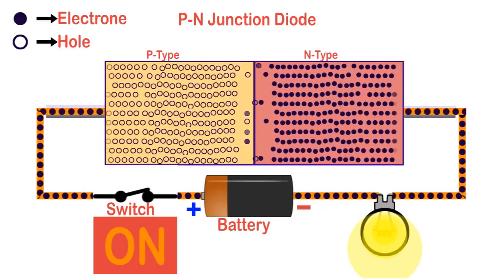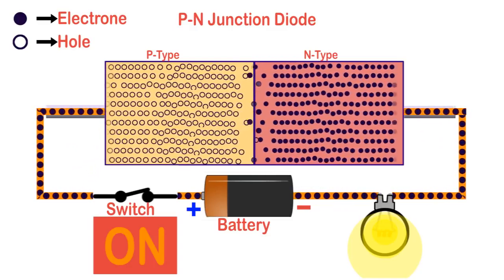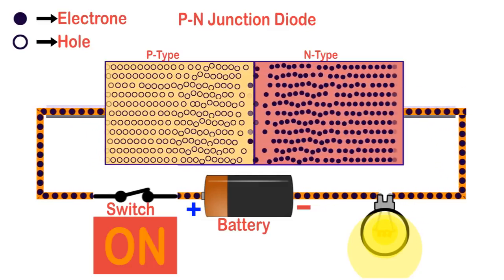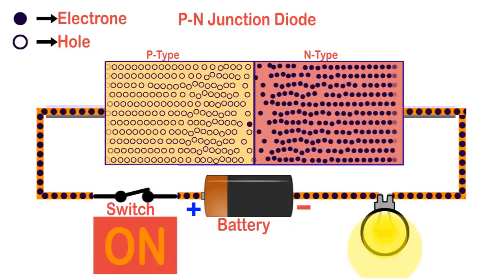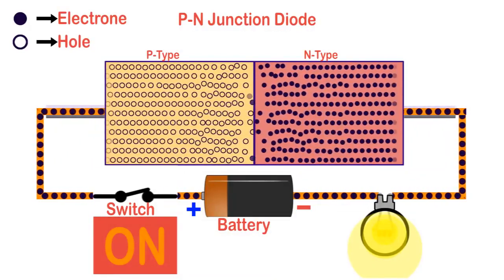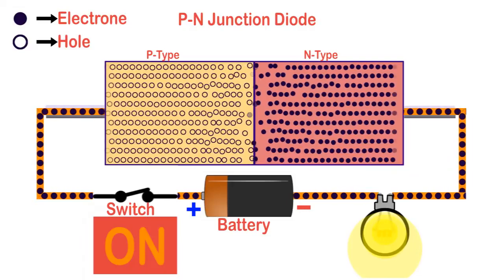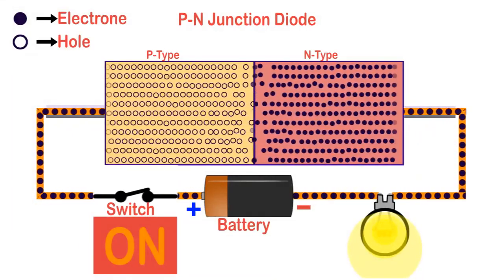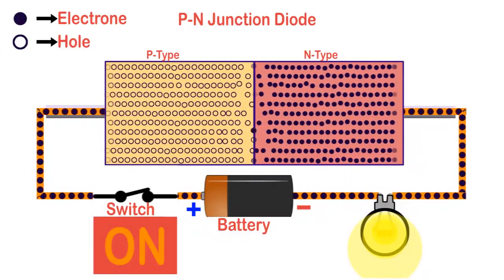Now there is absolutely no opposition offered to the flow of electrons and holes. Hence, this gives freedom to a large number of holes and electrons to cross the junction under the influence of the externally connected DC voltage.